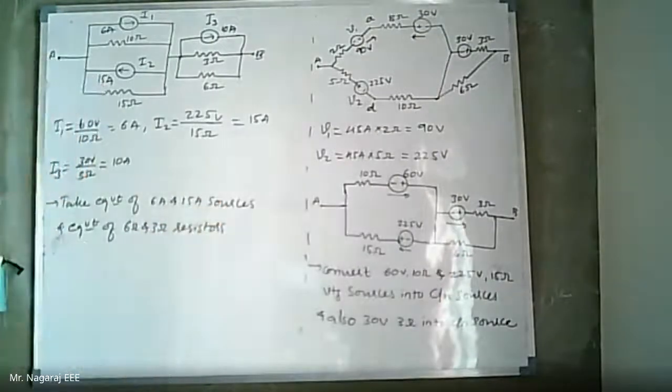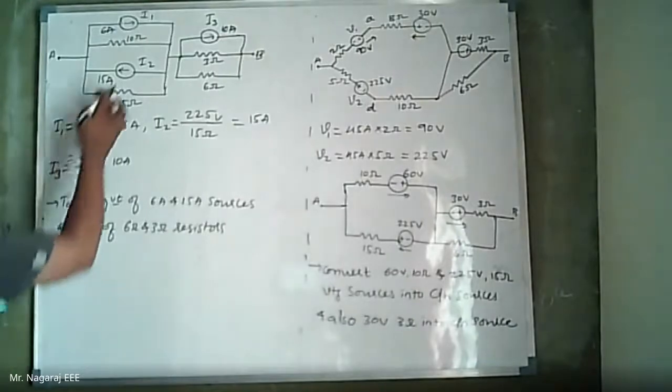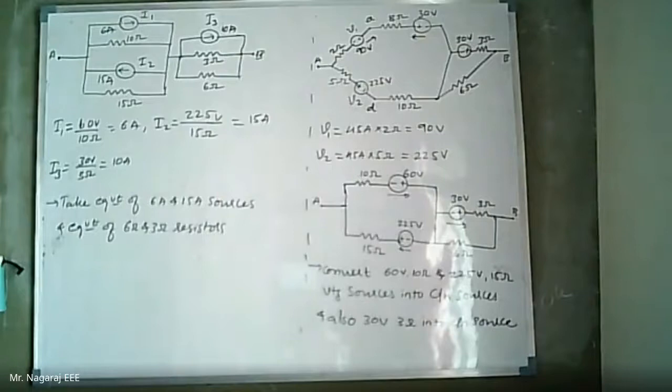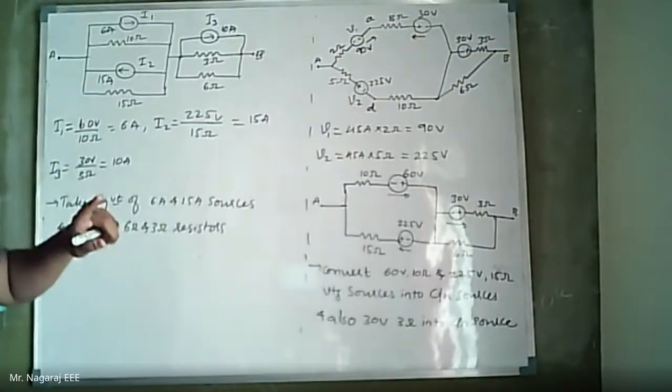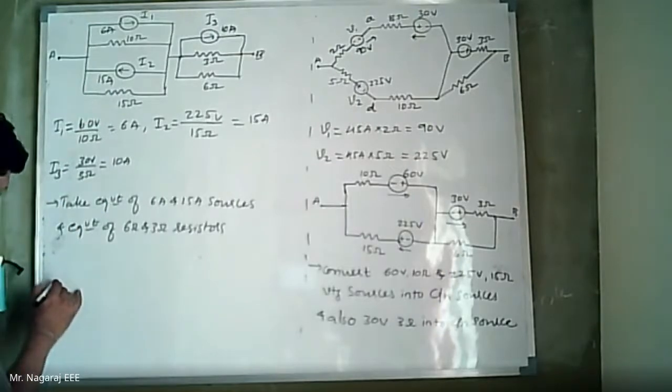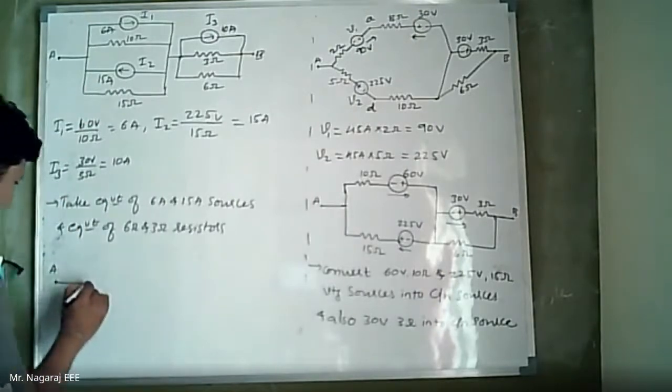Now these points are for your understanding purpose. When you note down and study back, you should be remembering these steps and points. Now 15 amps and 6 amps are opposing each other. So therefore equivalent current of these two is 15 amps minus 6 amps with the direction of the source same as that of 15 amps. This is terminal A.